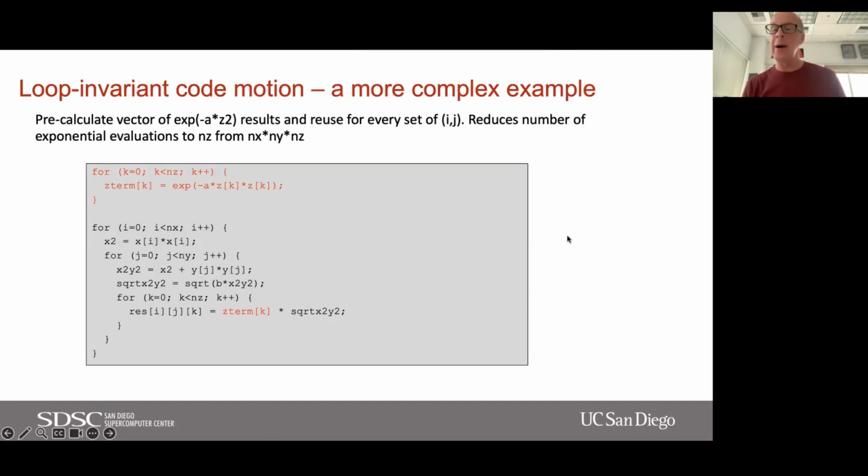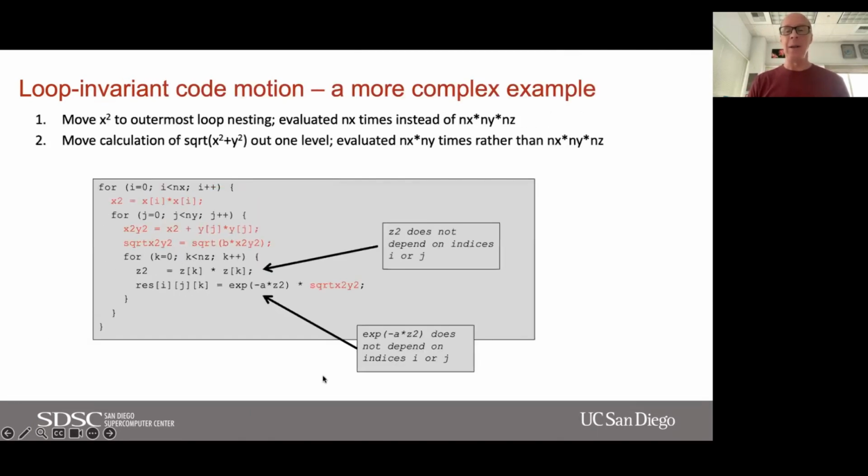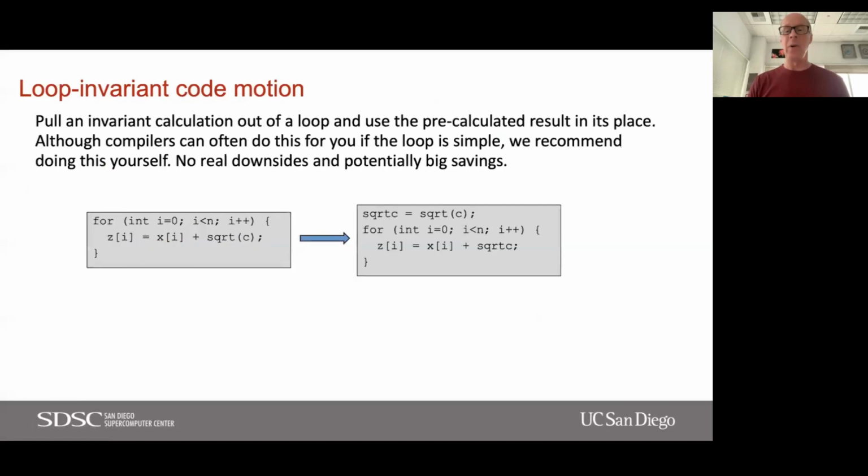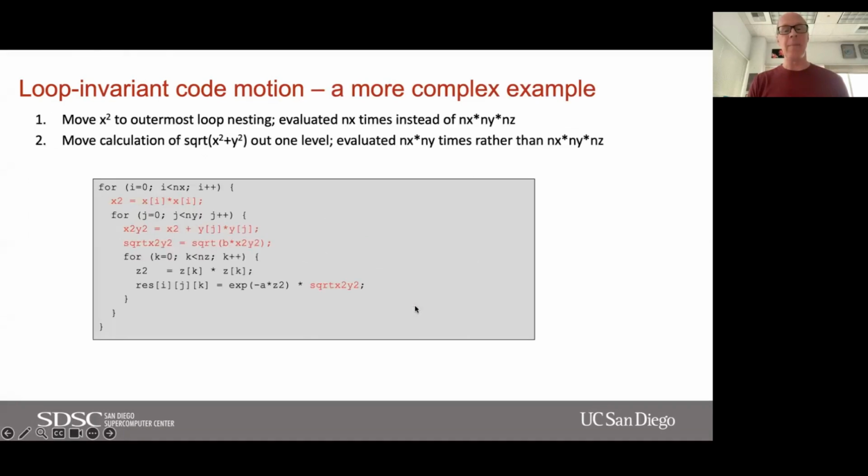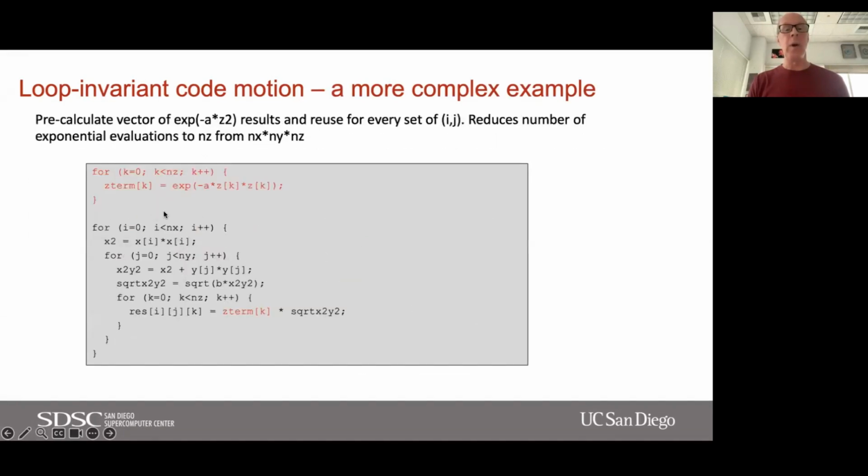Okay, and then a question here from Joe. In the loop invariant code motion, is this increasing the memory requirement? Yeah, in a sense it is. If we go all the way back here, we do need a variable to store the square root of C. And in the example I just showed, we did have to allocate space to hold that vector.